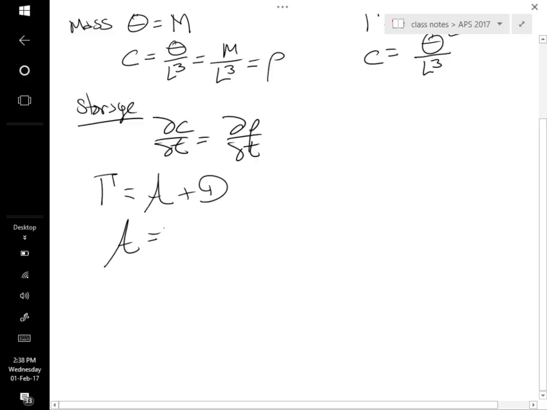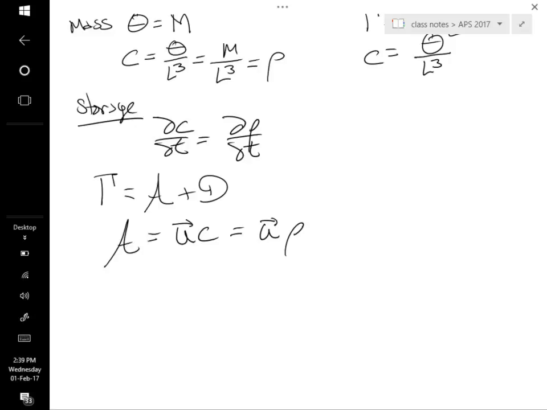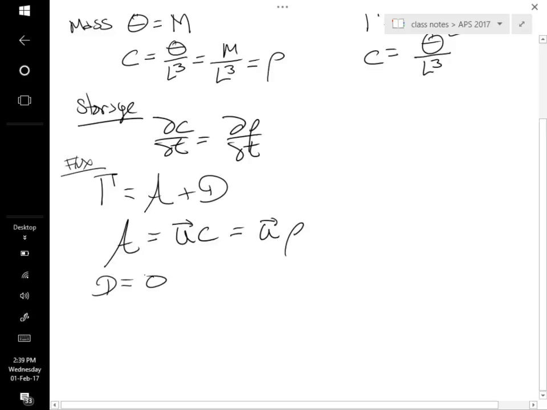The advective term, in general, is going to be equal to the flow velocity times C. So for our problem, it's the velocity times the density. Okay, that gives us advection, and this would be flux, and the diffusive flux for this problem is equal to 0.